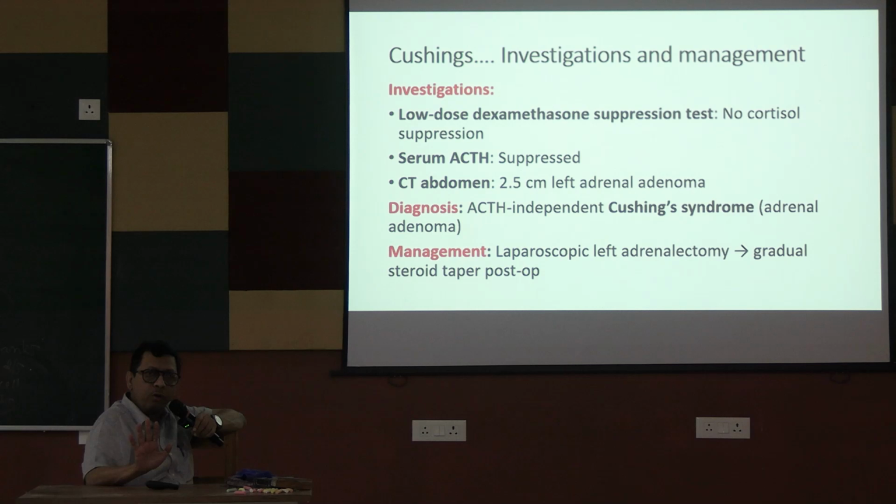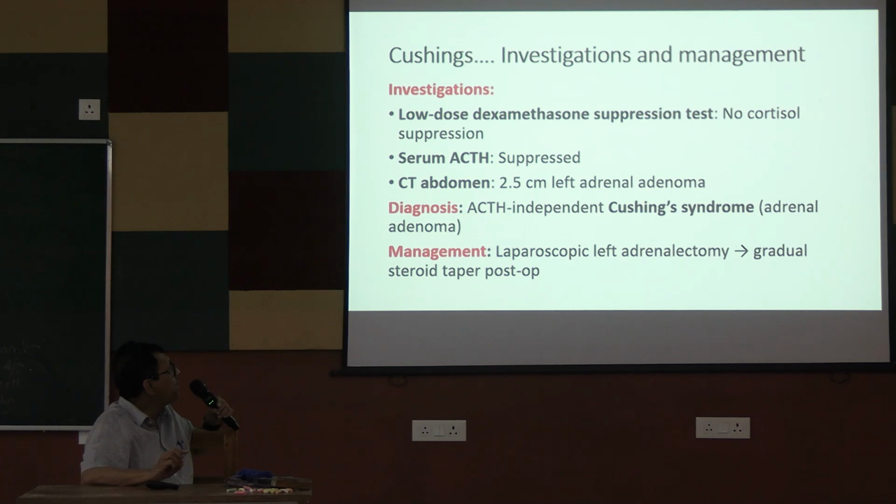Understand, is it clear to you that ACTH is suppressed but the cortisol is raised or normal, which is showing that ACTH does not have any control over this. These are the ACTH independent group, mainly the adrenal gland adenoma related to that part of the gland.